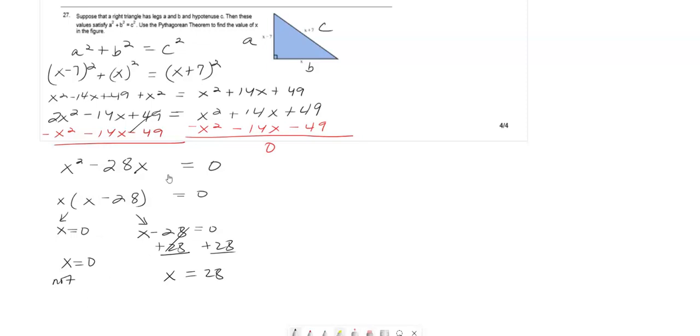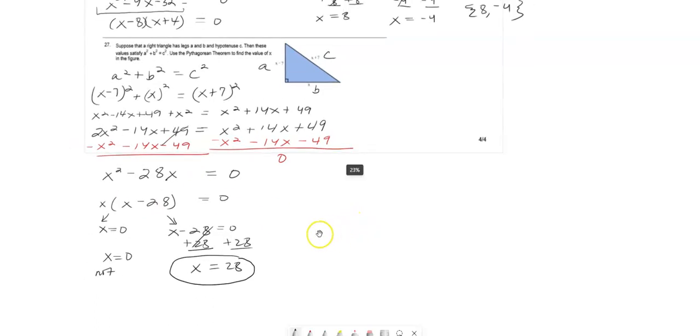So let's look at that and use x equals 28 as our answer within this right triangle. And let's see how it works. So if x equals 28, and we go back to our triangle, we put in 28 minus 7 for A. We put 28 here for x.